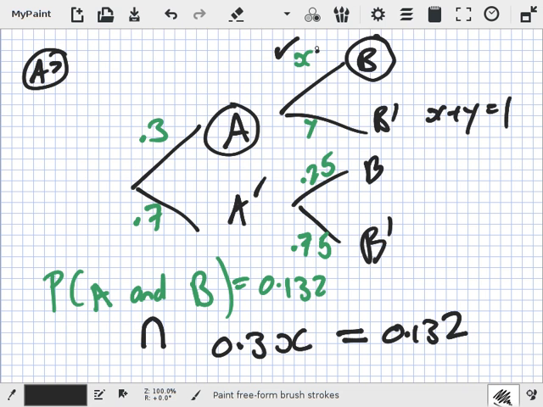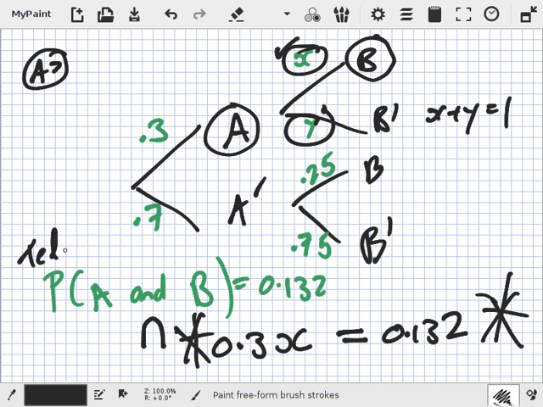So if you know x, you know y. And you can get x from this, because they tell you A and B is this. Is it okay? Are you sure? Okay.